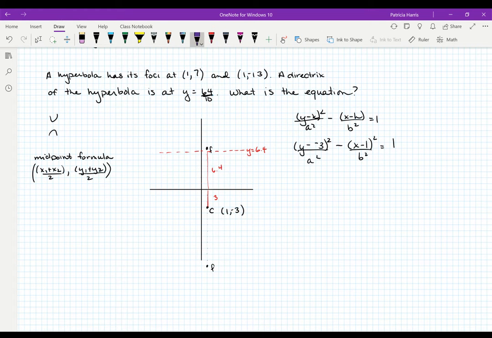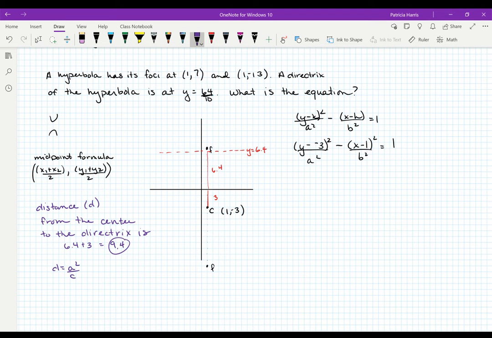So the distance, or D, from the center to the directrix is 6.4 plus 3, which is 9.4.